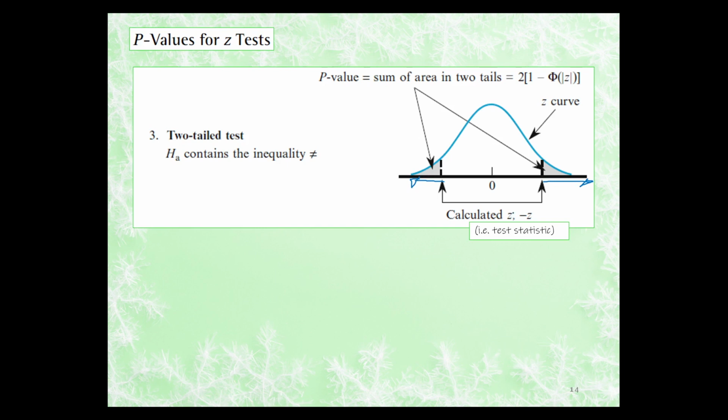So basically, we'll look at the area to the left of the negative test statistic plus the area to the right of the positive test statistic. But that is actually the same area. So it is just 2 times the probability of observing something less than the negative test statistic, or you can calculate it as 2 times the probability of finding something larger than the positive test statistic, which is the statement that is written here at the top.